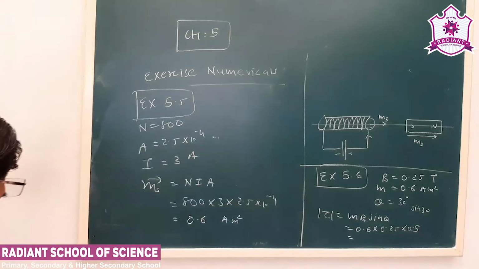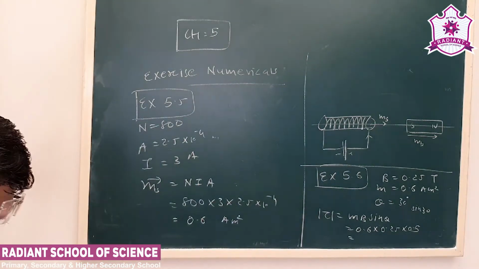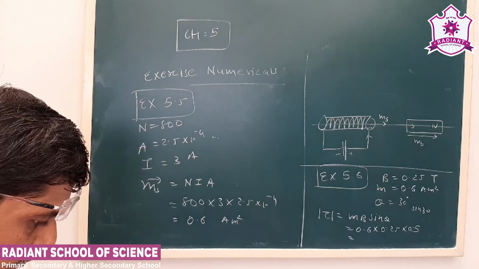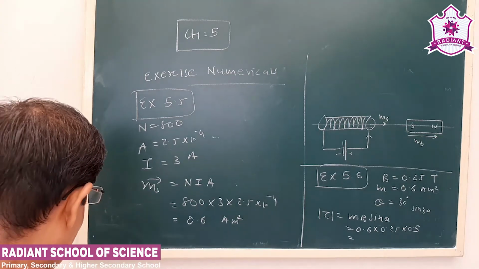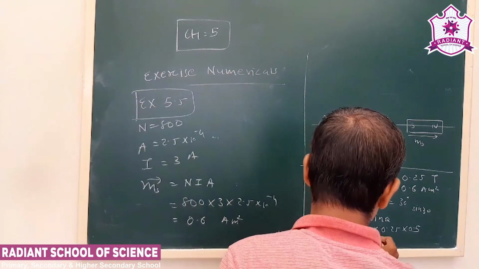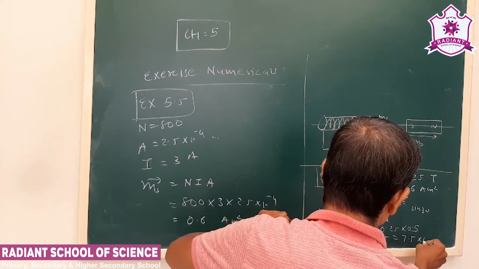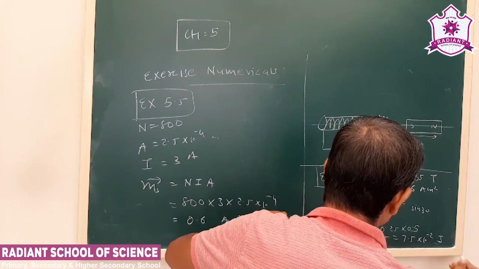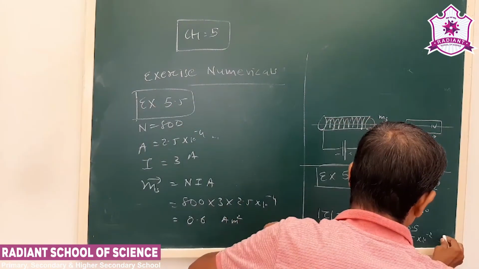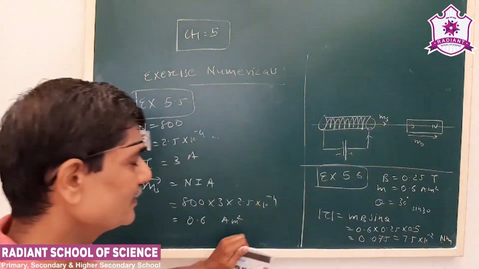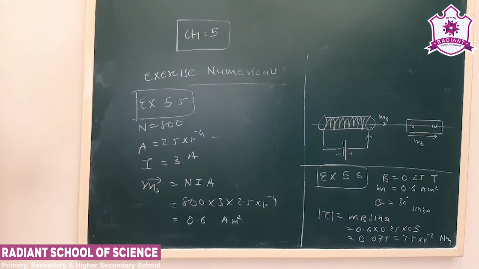Now we can solve. That is 0.07. Torque unit is Newton meter, so that is the value of the torque.